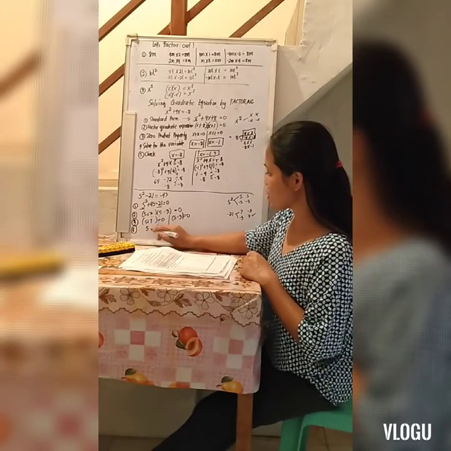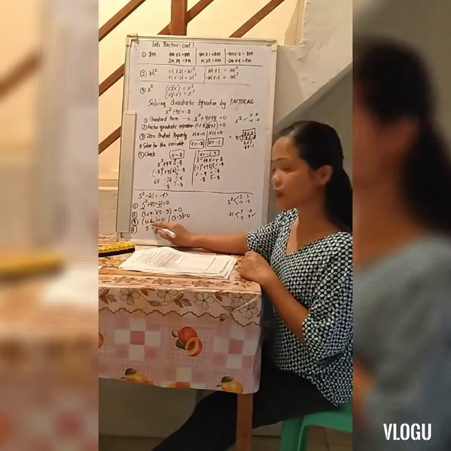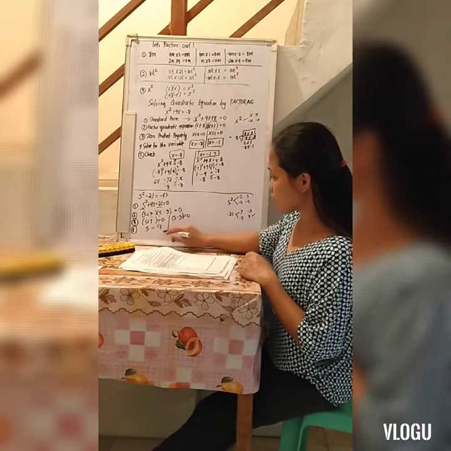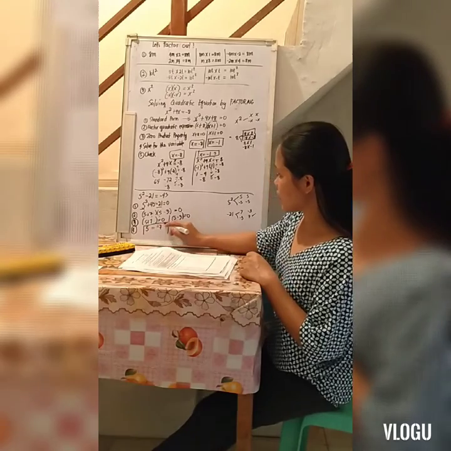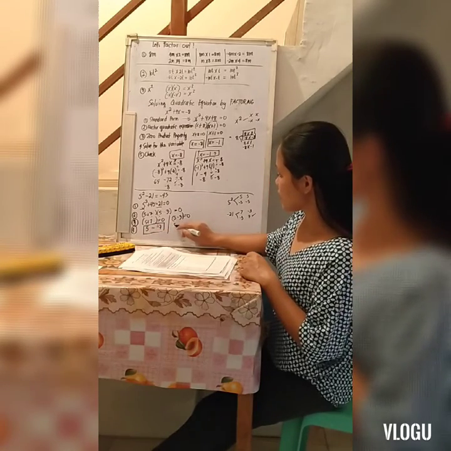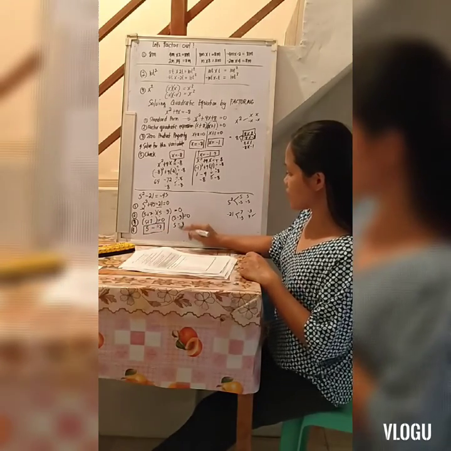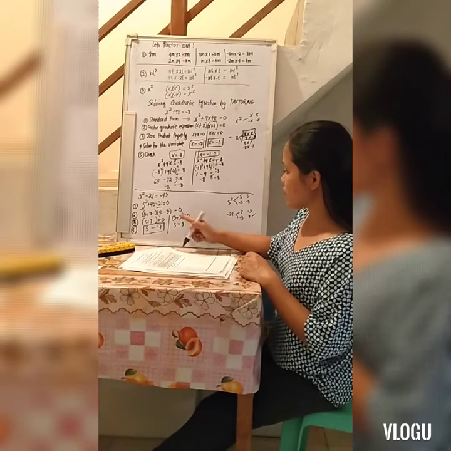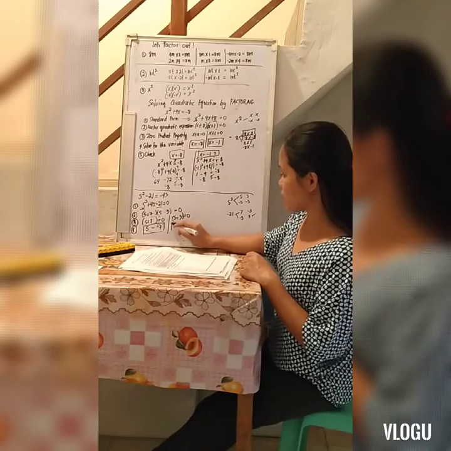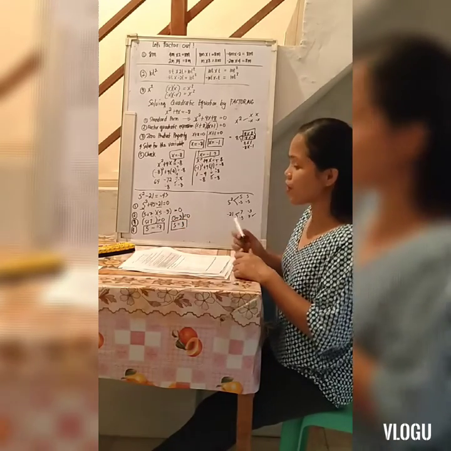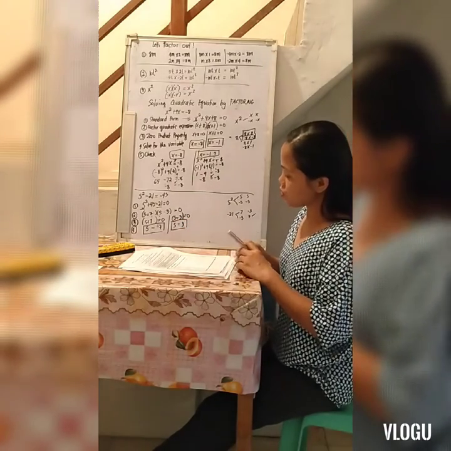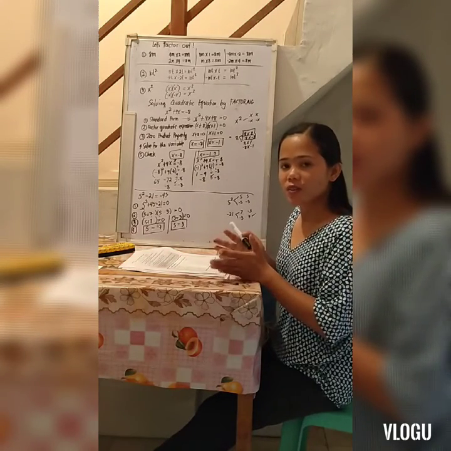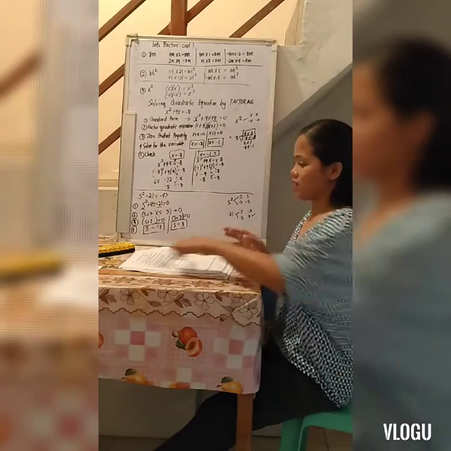So s equals your 7 to the right side, making it negative 7. So s equals negative 7. And the other one, s equals positive 3, because negative 3 transferred to the right becomes positive 3. So we now have our two solutions, negative 7 and 3. But we are not so sure, so we need to check.